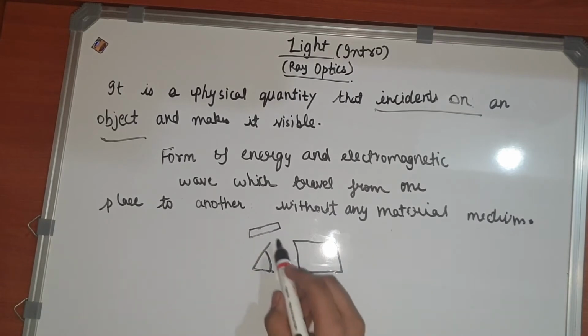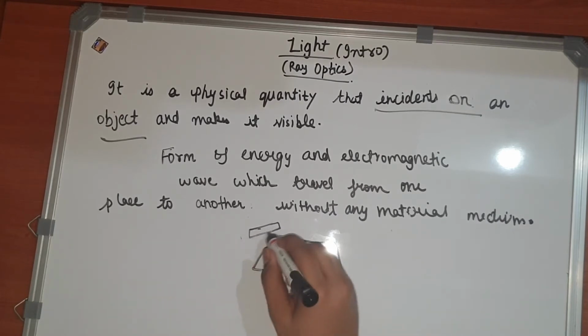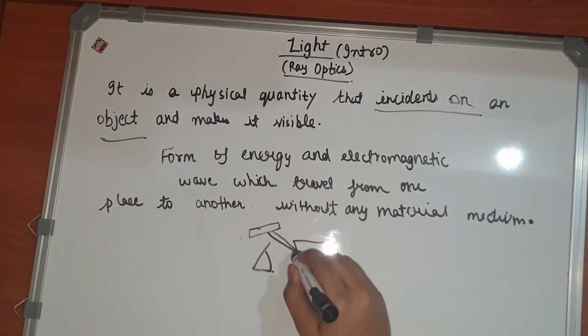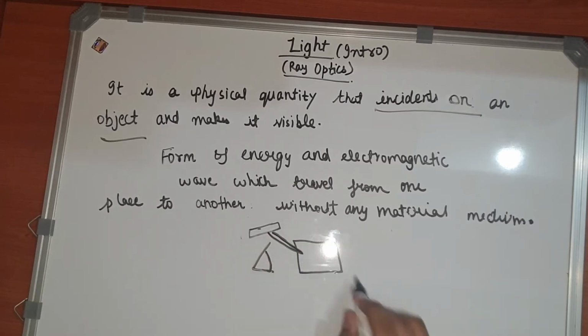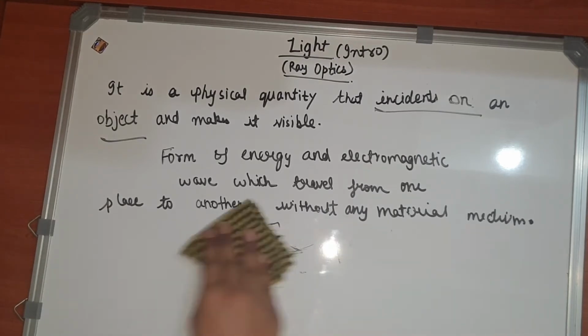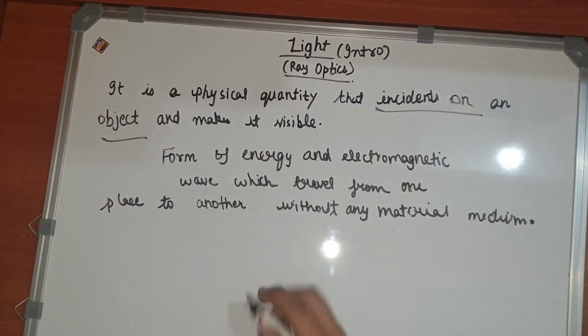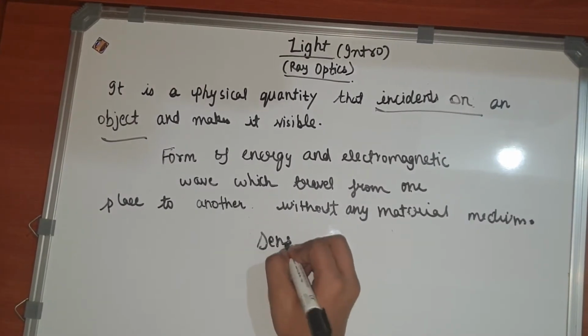The light ray from this light source will be incident on this object and will enter my eye. So now I can see this object due to the presence of light. That is why light is known as the sensation of vision.